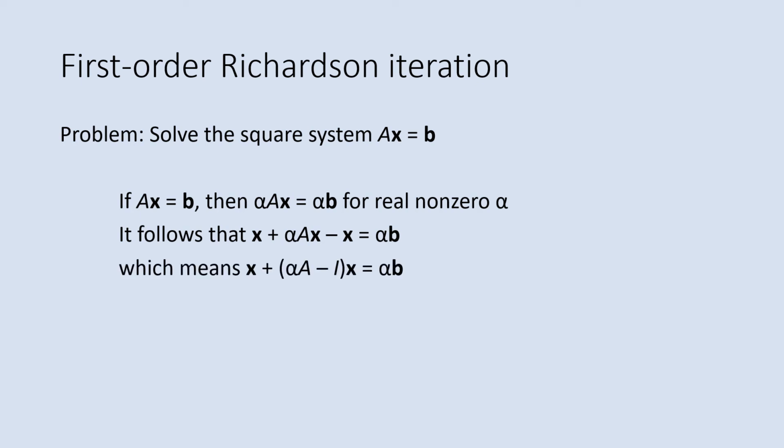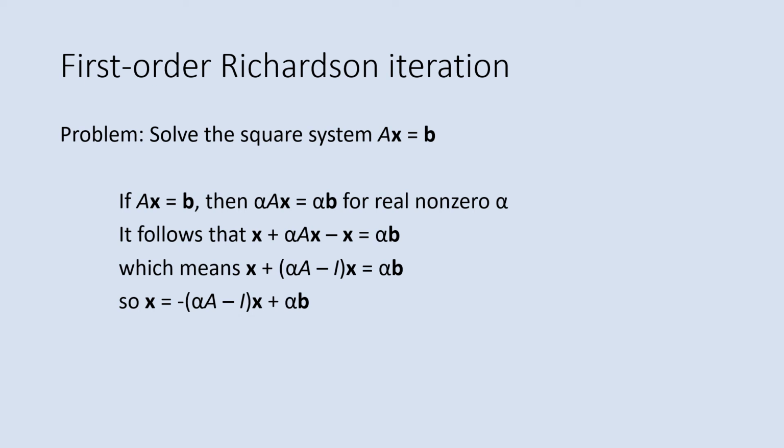And so if we do this, then we can factor that x out of the two values, alpha times A times x minus x, factor that x out, and we have alpha times A minus the identity matrix times x is equal to alpha times b. And so we can then solve that for x and have x is equal to negative this quantity, alpha times A minus I, times the vector x, plus alpha times b.